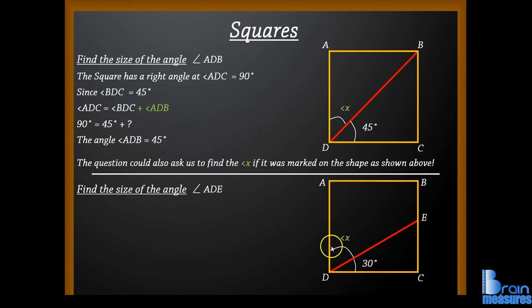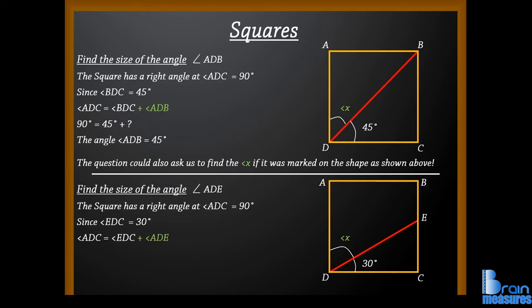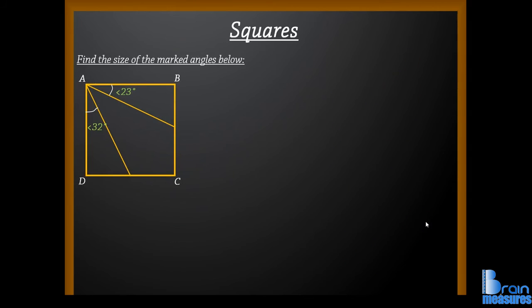So can we find out how much this angle is? It's just like we did it last time. 90 degrees is the full angle. EDC is 30 degrees. So what do we have to add to 30 in order to get 90? It is 60. So angle ADE equals 60 degrees.